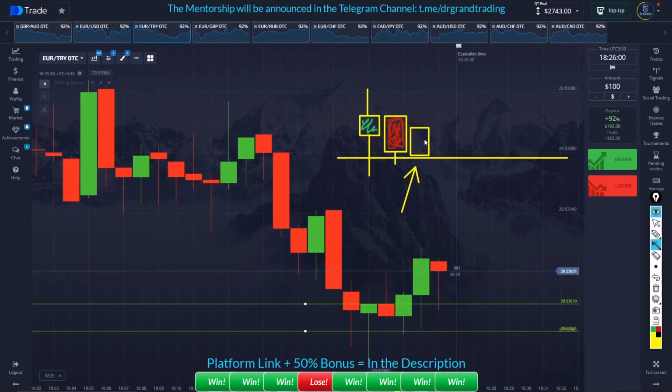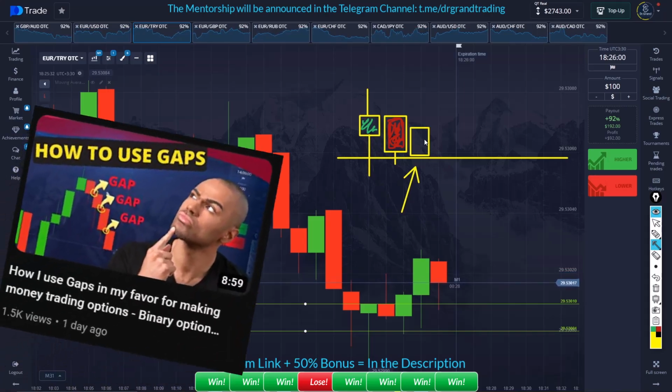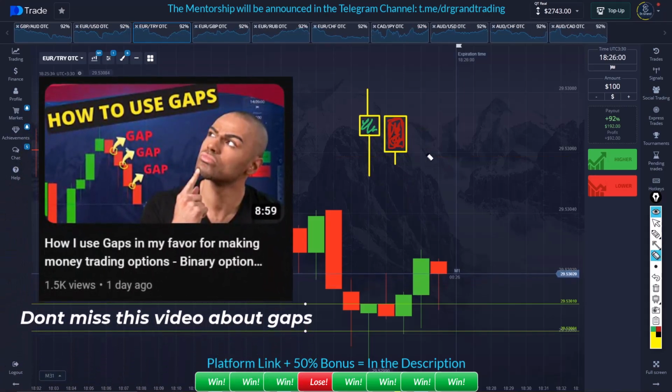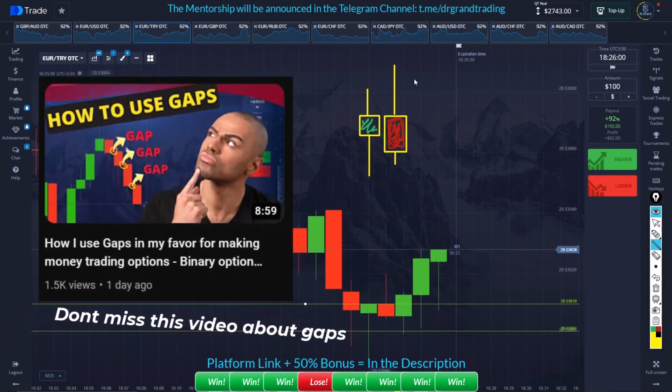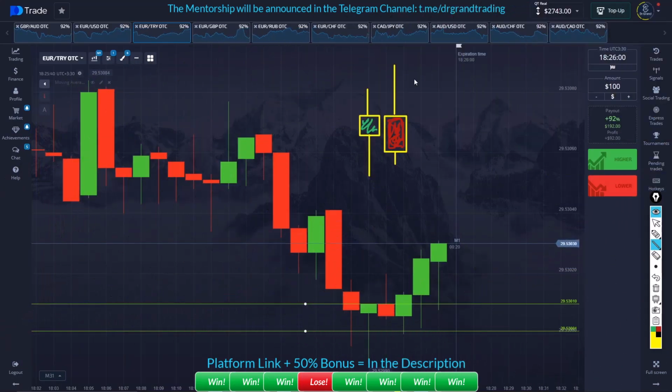When we are thinking about selling, gap ups are our friends. Okay, so when I say that this higher high is important, I don't mean that you can look at the chart and take all the higher highs. No, you have to have your setup first and then use these as confirmations. All right, I hope it was clear.